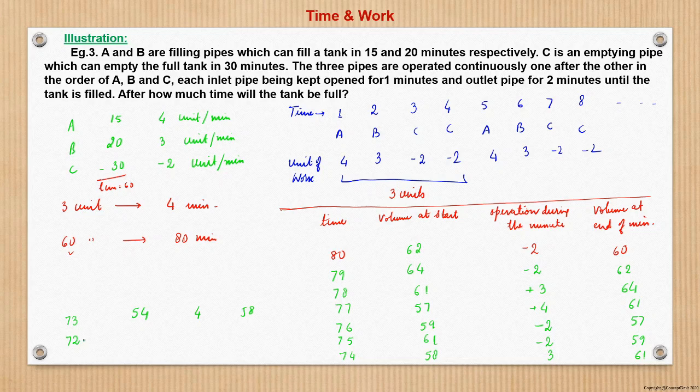Similarly, during the 72nd minute, end is 54, -2, so 56, and 56, -2, 58. So we can say from this, when is the first time the 60th unit of work was completed? That is in the 74th minute. In the 74th minute, for the first time 60 units of work was completed.